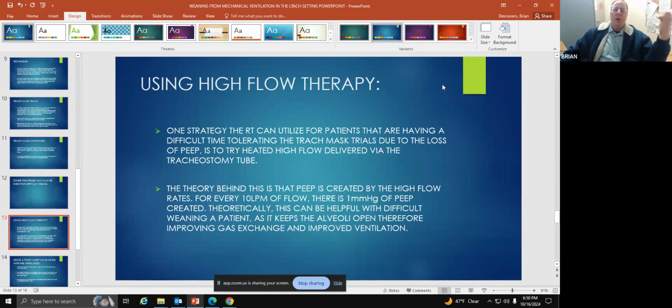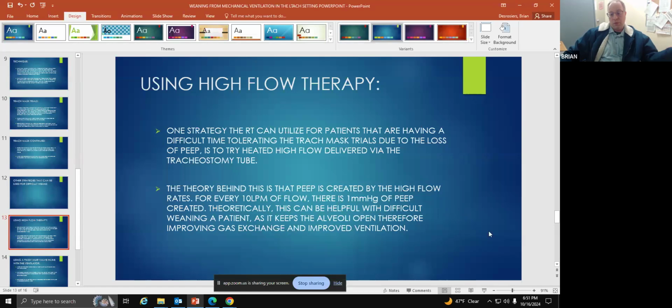The flow's going in and they're exhaling against that flow, which creates a sort of PEEP. The theory is that this PEEP helps them wean a little better than going straight from the ventilator to the trach mask.